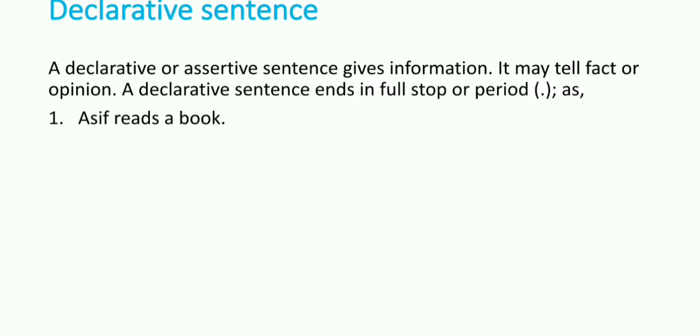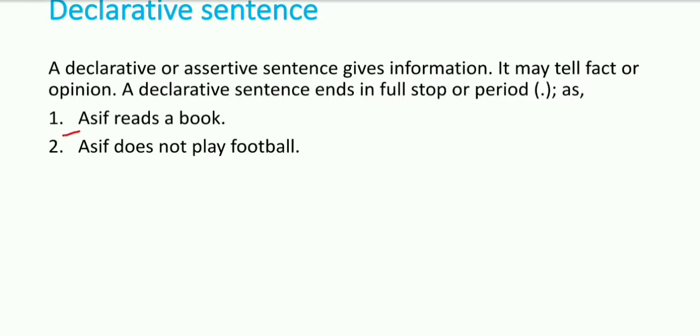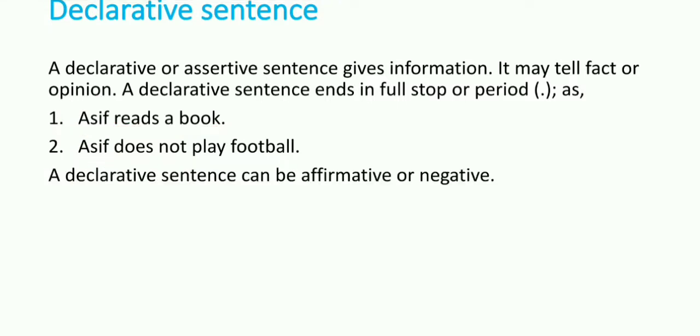Now come to the next: Asif does not play football. Here also the information is about Asif, that is the subject in both of the sentences, and the rest of the predicate is telling us some information about the subject. So here we can learn that a declarative sentence can be affirmative or negative.